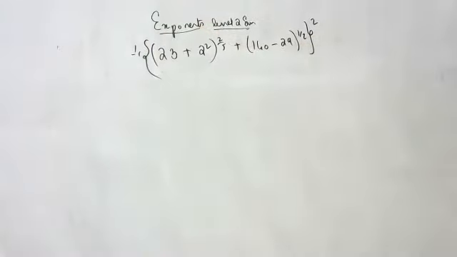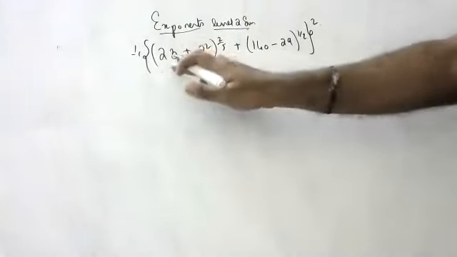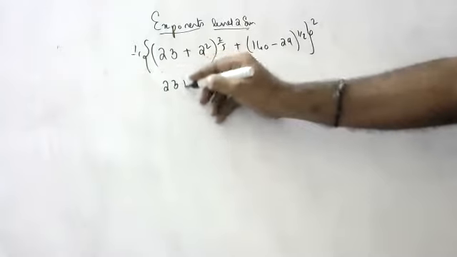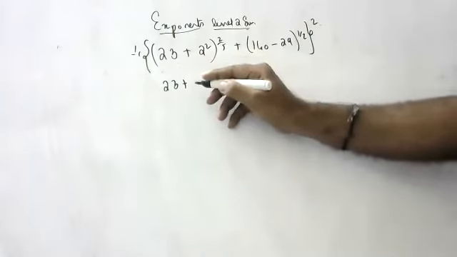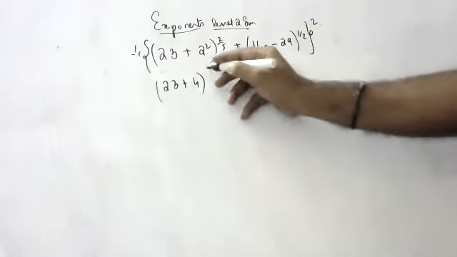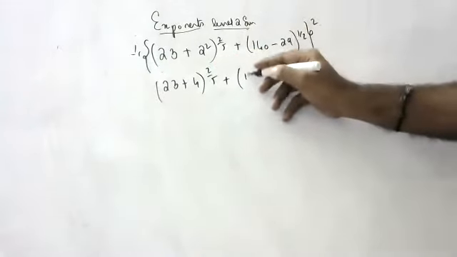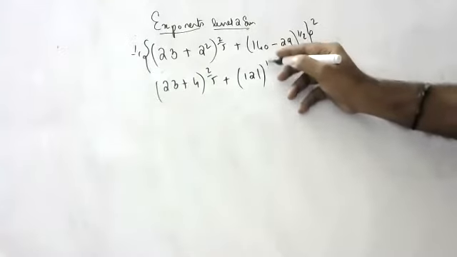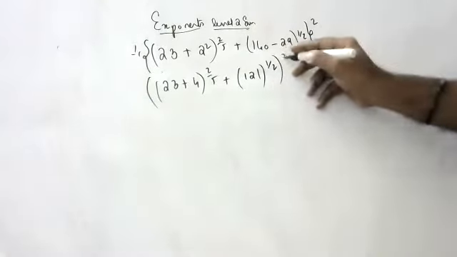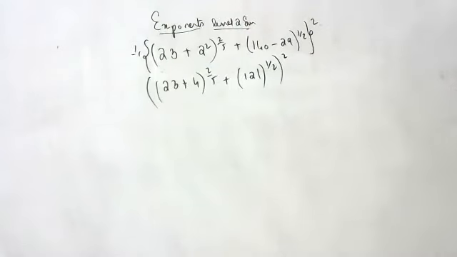How much is 140 minus 29? 111. Sir, 140 minus 29 is 111.